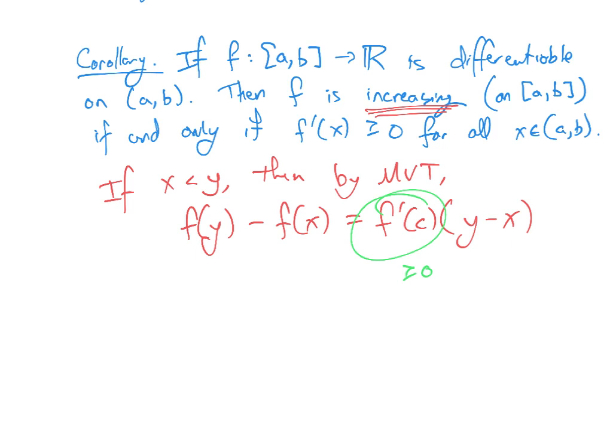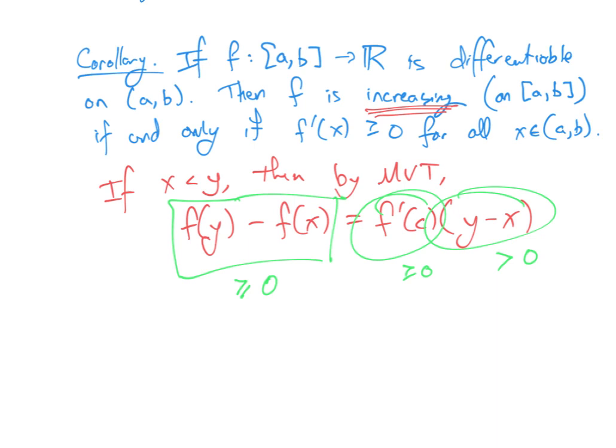Y minus x is positive, because we assumed that x is less than y. So f of y minus f of x is non-negative, and that's what an increasing function is. So that's one direction of the proof.